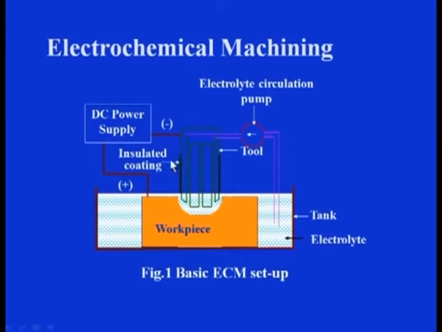Since a high current is used, generally the electrode and the workpiece both will be insulated from the system, so that no short circuiting or leakage of current takes place. And as far as possible, this electrolyte will be filtered and kept flowing through the electrodes continuously.